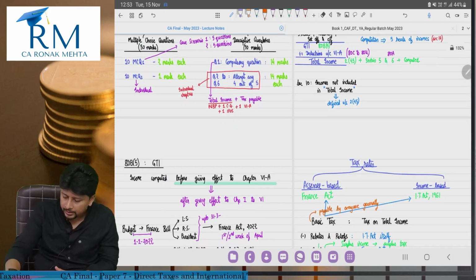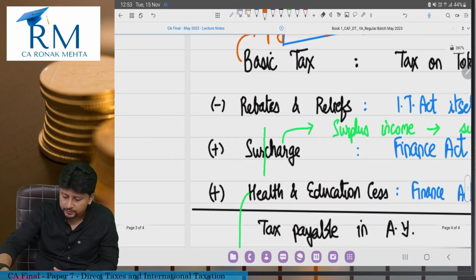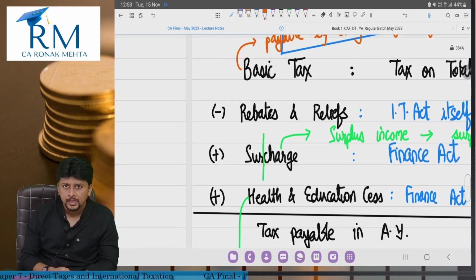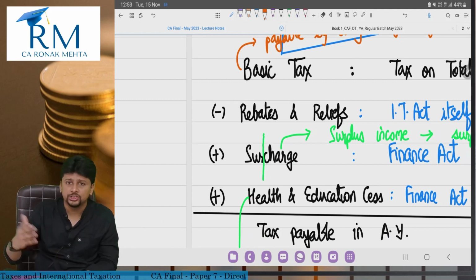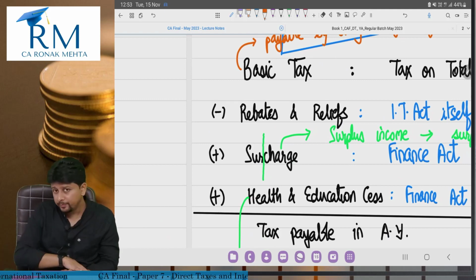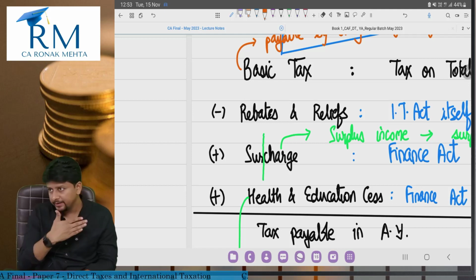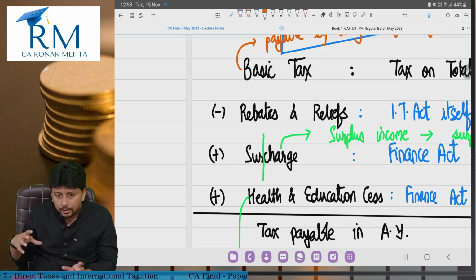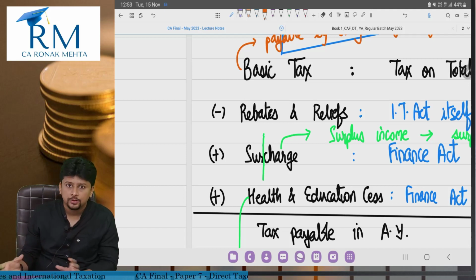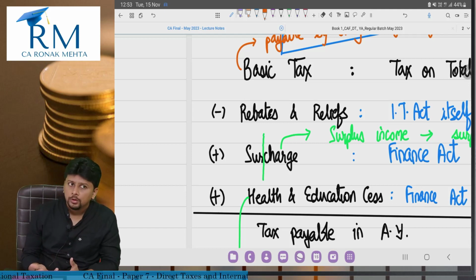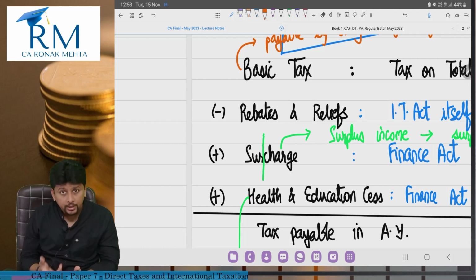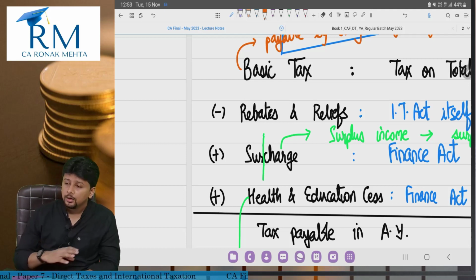And then the discussion on tax rates: how to calculate basic tax, surcharge and health and education cess. I have put it in detail in the book. So basically I just have to go through the textbook and make you understand what the rates of tax are. Some of you who are doing articleship in the field of tax, income tax basically, are aware of the rates.